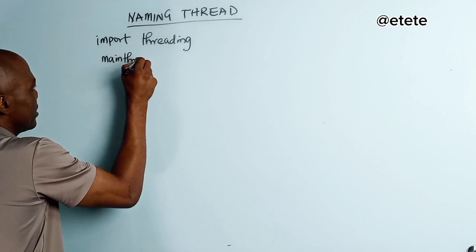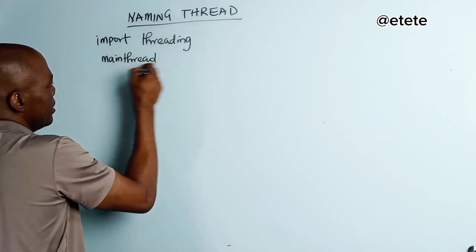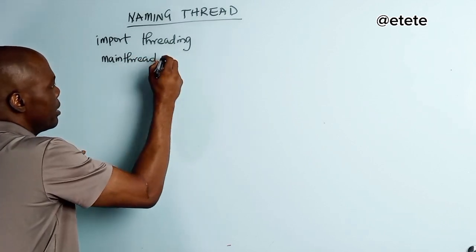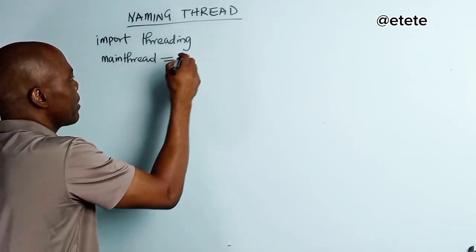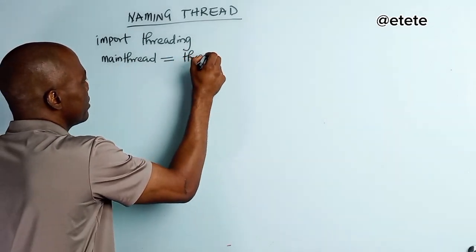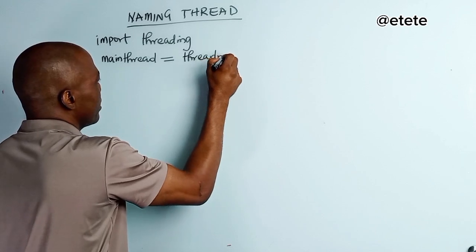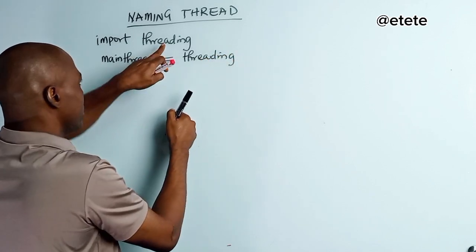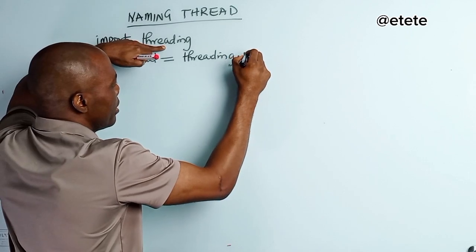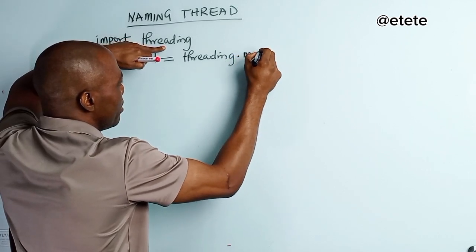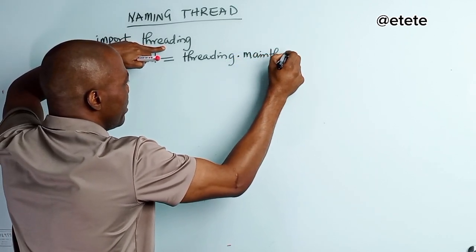main_thread. This is a variable, which is a reference. So I'm going to reference threading, which is what? This threading module, threading.main_thread.